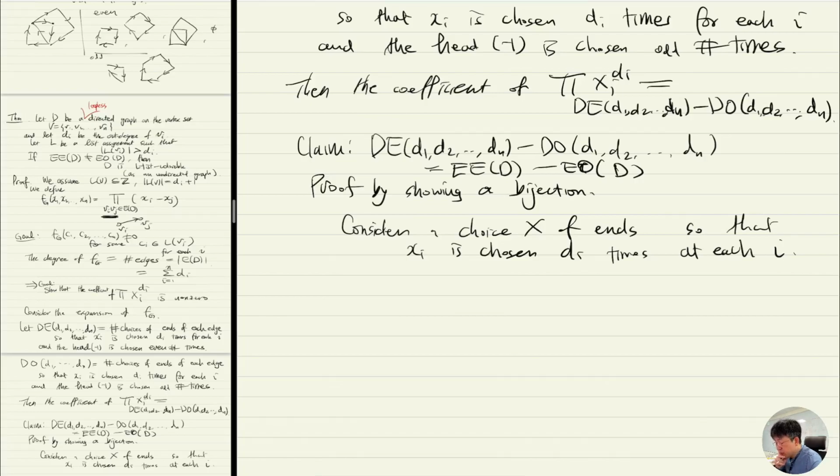So depending on the number of times the head was chosen or not, this choice x belongs to dE or dO. Now let's say Dx is the set of edges whose heads are chosen.